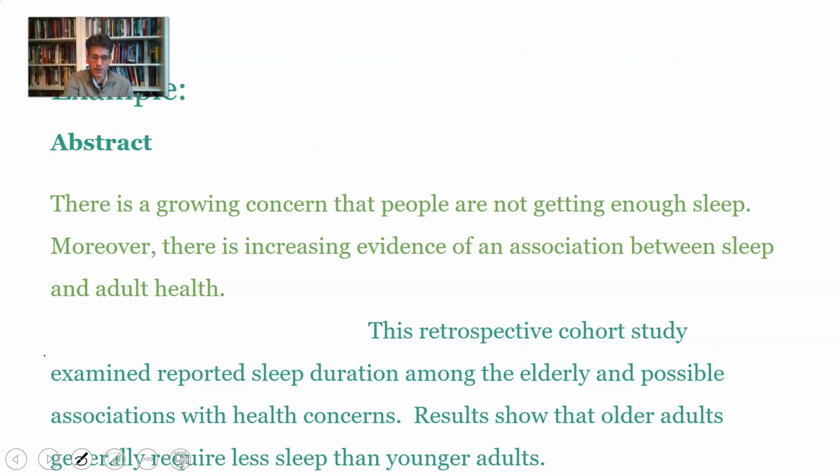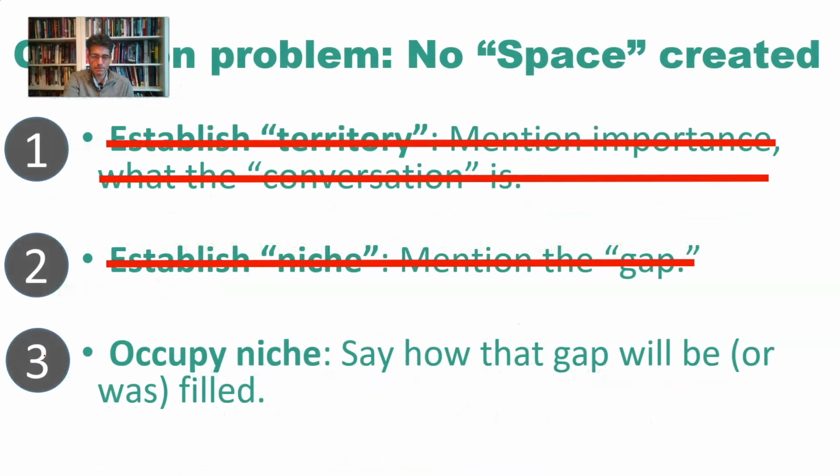Moreover, there is increasing evidence of an association between sleep and adult health. This retrospective cohort study examined reported sleep duration among the elderly. And so the link between one and the other is somewhat precarious. And also, that's less compelling to see why this research is required in the first place.